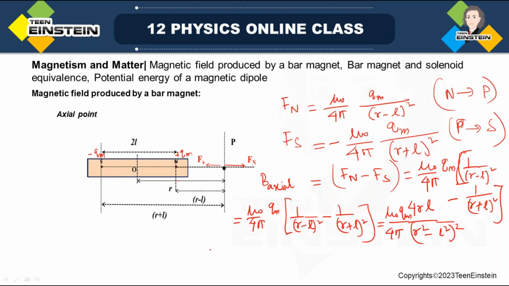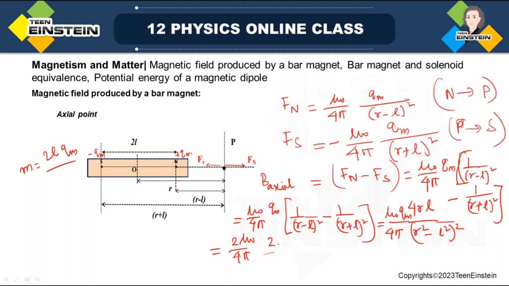Now look, we know that magnetic moment M is equal to 2L into Qm. So this term we'll just take out. So 4 RL, from there I'll write 2 mu0 by 4 pi.